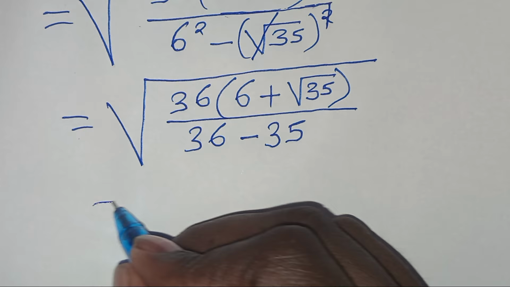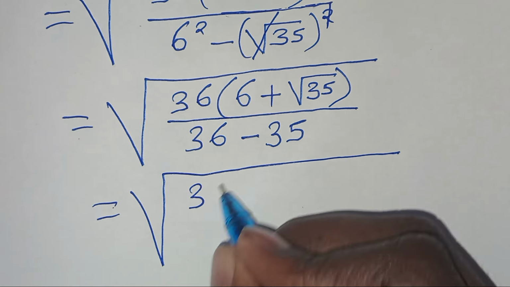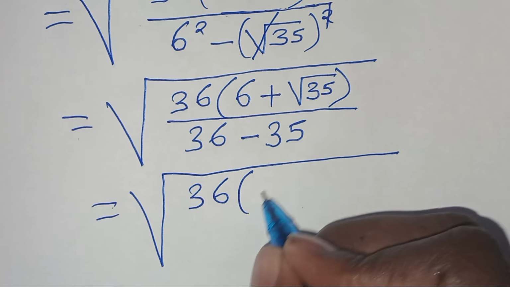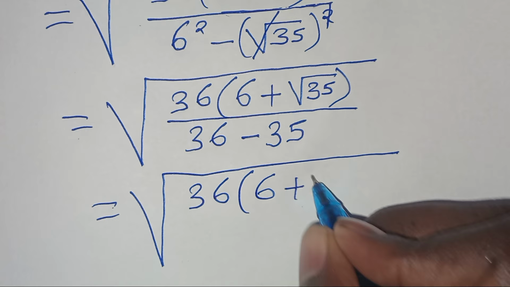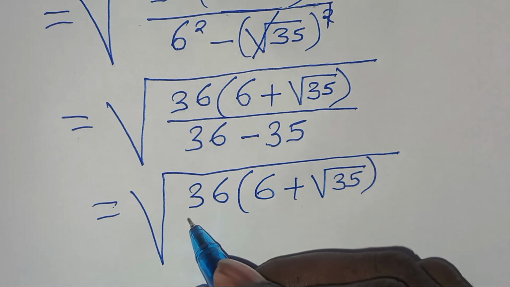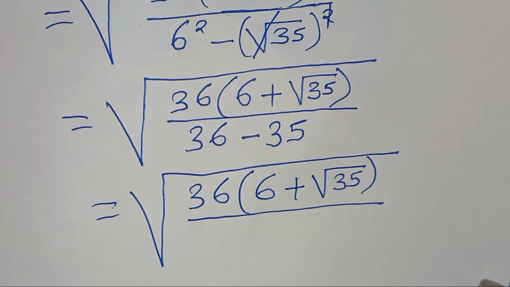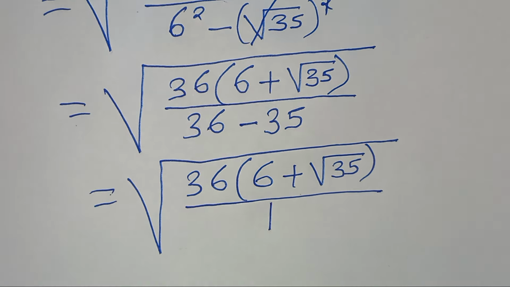And this implies that we have the square root of 36 multiplied by 6 plus square root of 35, close the parentheses, everything here, divided by 36 minus 35, and this is equal to 1.